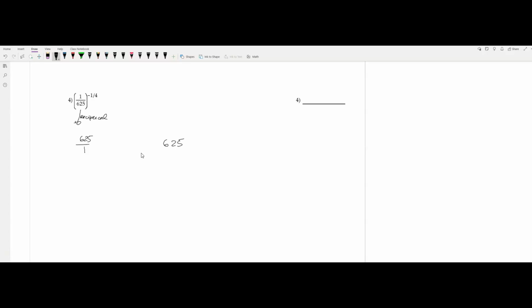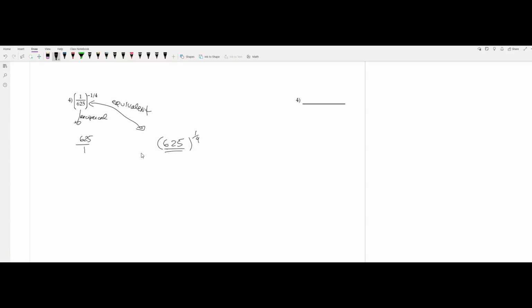So 625. And then we're going to put the rational exponent as positive now. So these two here are equivalent, right? They are the same. Okay? It's just easier for me to compute this.